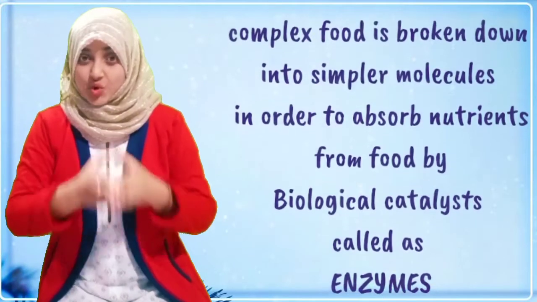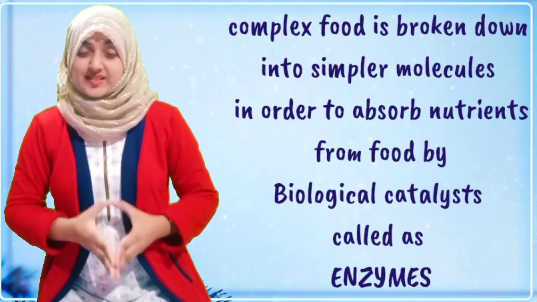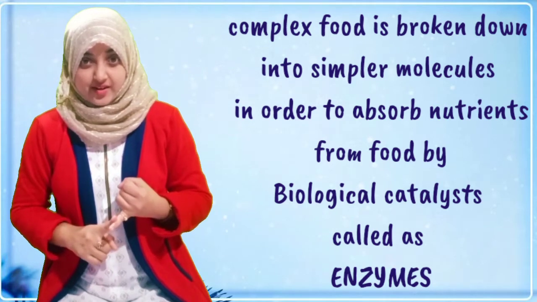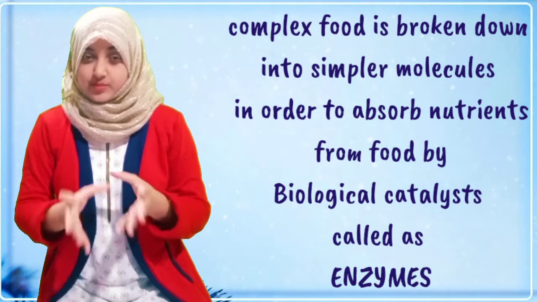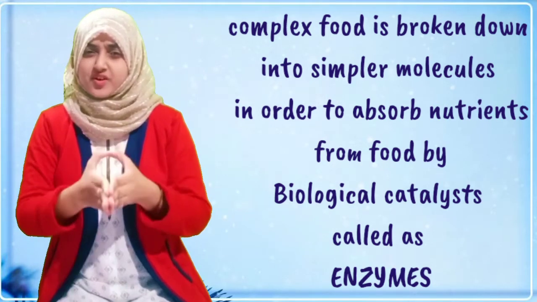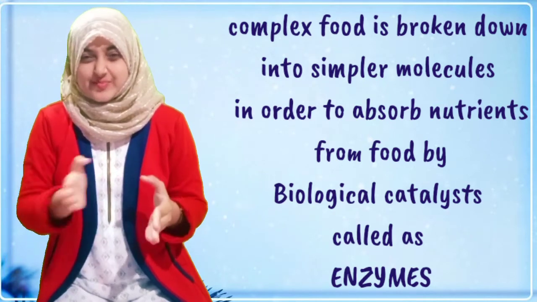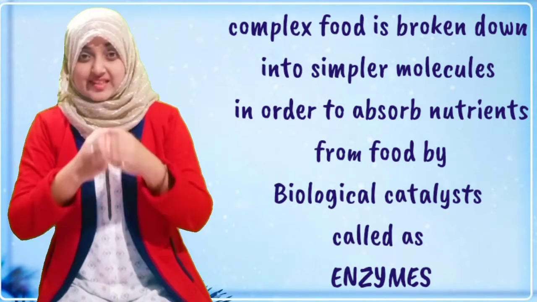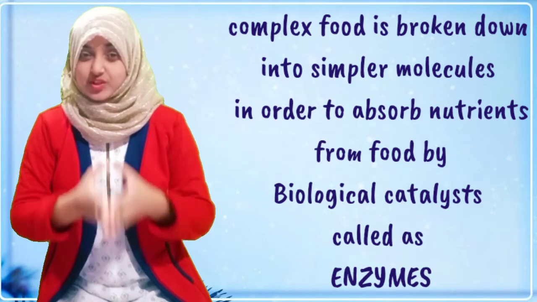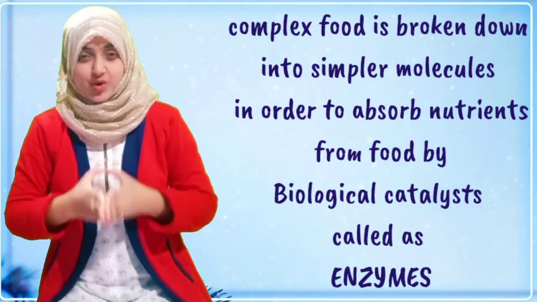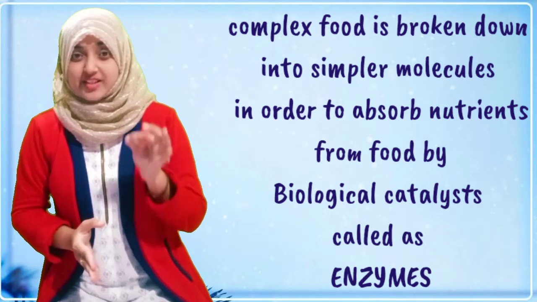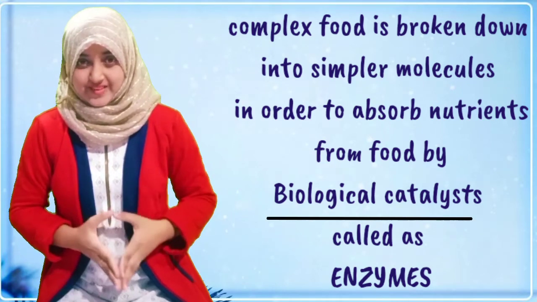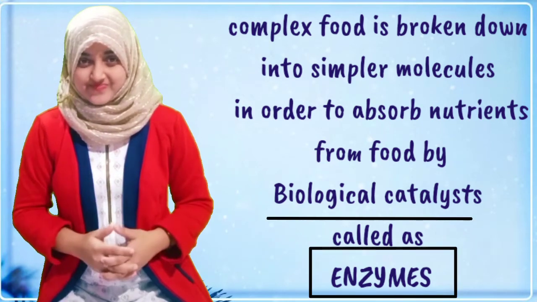Now children, the food that we eat is actually complex. In order to obtain nutrients such as carbohydrates, starch, proteins and fats from the food, it has to be first broken down into simpler molecules. This function of breaking down the complex food into simple molecules is done by biological catalysts called enzymes.